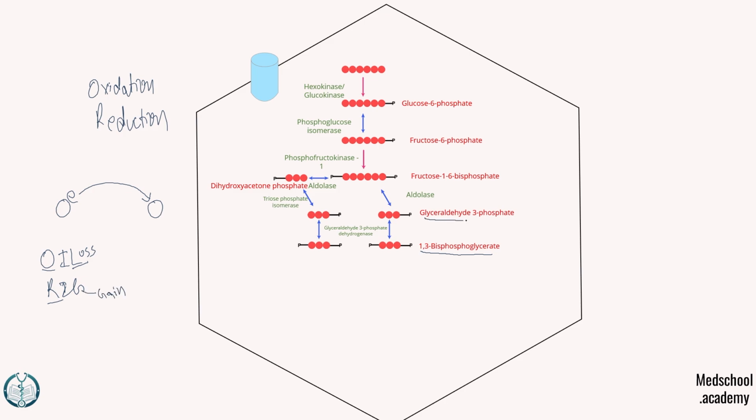So this molecule, glyceraldehyde 3-phosphate, specifically the aldehyde group in this molecule, donates an electron to something known as NAD+. So the NAD+ converts to NADH. Now keep this in mind: this is happening to both of the molecules here. And you see there's an addition of this phosphate group. Where is this coming from?